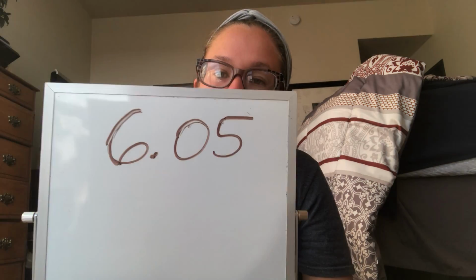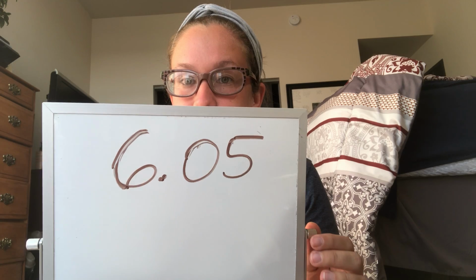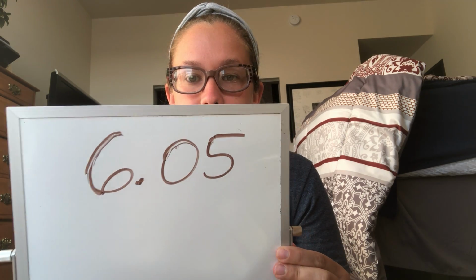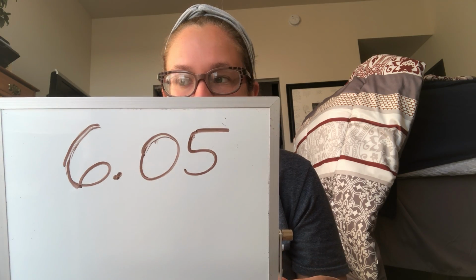So let's do another one. This one's not on your review. I want you to put this into a mixed number. 6.05 or 6 5/100ths. Put that into a mixed number.